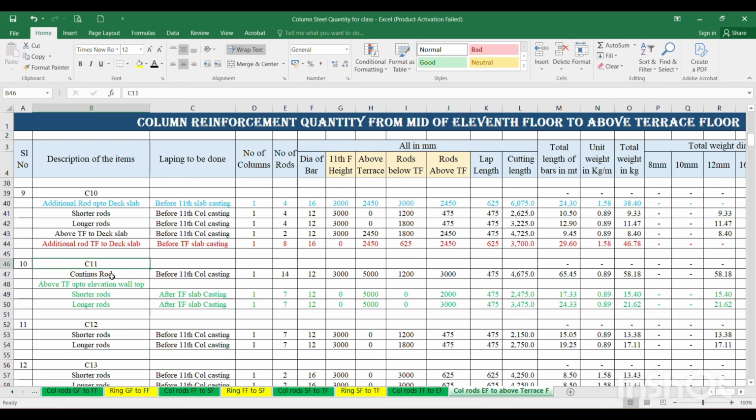So this is the C11 continuous rod. Before 11th floor slab casting, we need to add these 14 numbers of 12 dia, 3 meter is the 11th floor height, and this 5 meter is the above terrace floor height, and this is 1200 as per the below slab level, and this is 0.6 times above the terrace floor level.